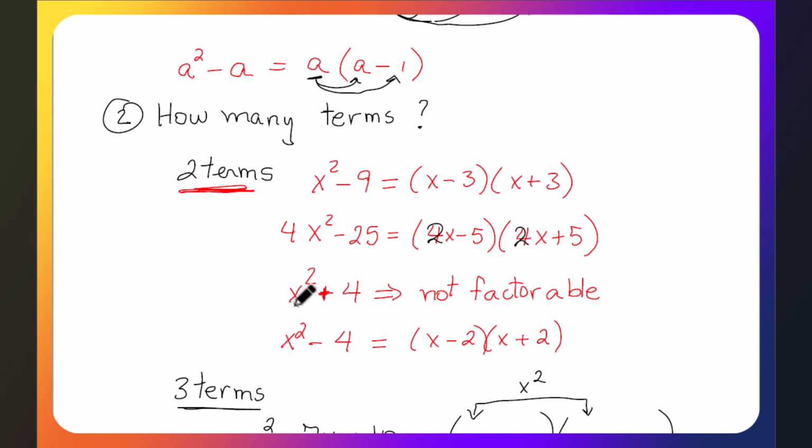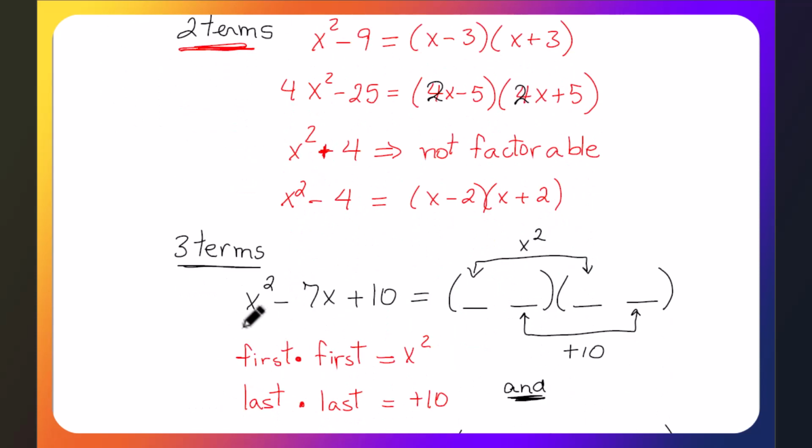Now, if you have x squared plus 4, that's not factorable. And if I had x squared minus 4, that is factorable as x minus 2 and x plus 2. So notice the difference. If there's a plus connecting them, it's not factorable. If there's a minus connecting them, it is factorable.